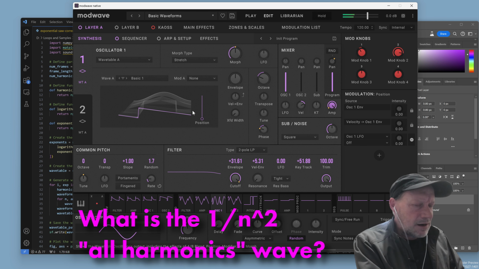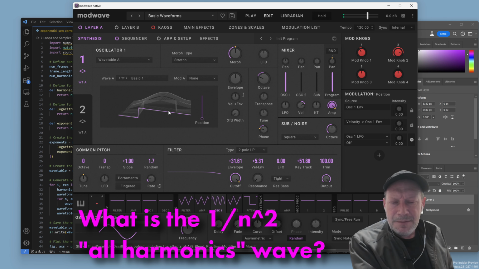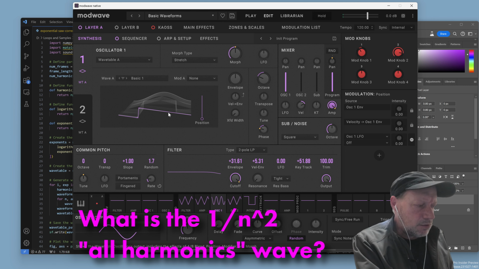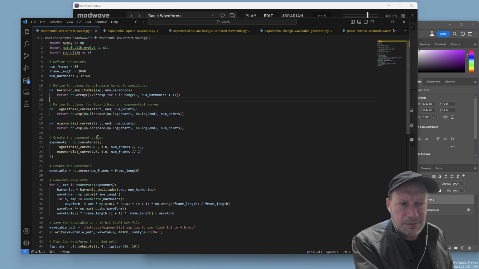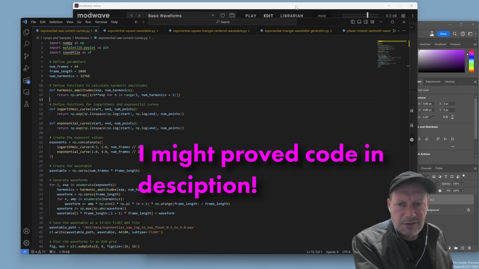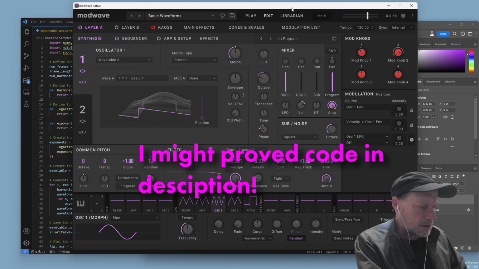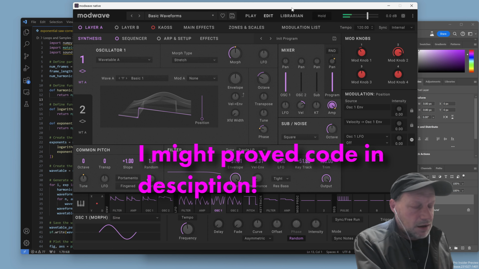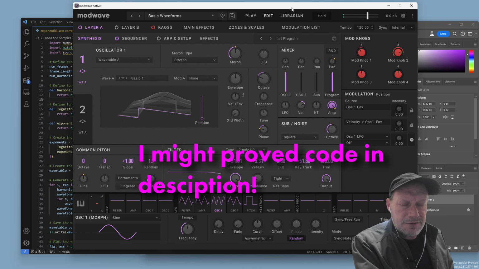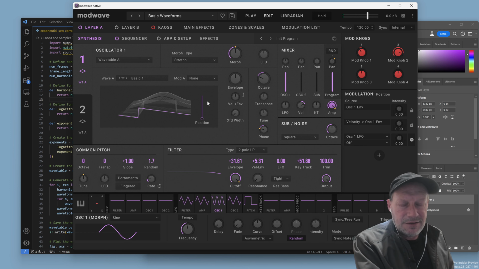Like, why isn't there a 1 over n squared sawtooth type wave, right? What is that guy? So that led me to create some wavetables with some very simple code, which is how I do a lot of my waveforms and wavetables, particularly in the original KRC Mathwaves collection. A lot of the waveforms were created using these spectral techniques.